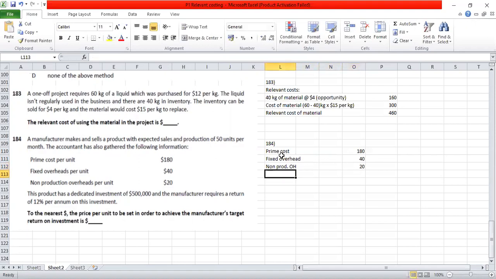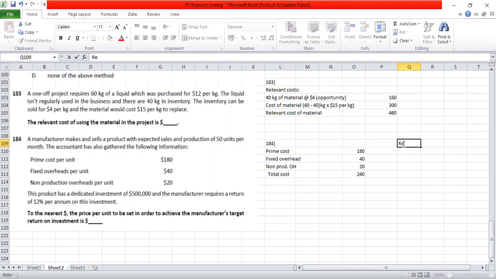Add them up, so that's the total cost. After the total cost, we have to add profit margin. The product has a dedicated investment of 500,000 and the manufacturer requires a return of 12% per annum. So let's present it here.